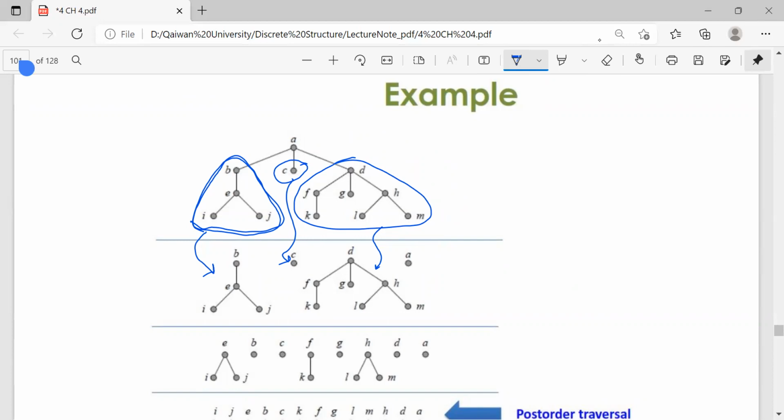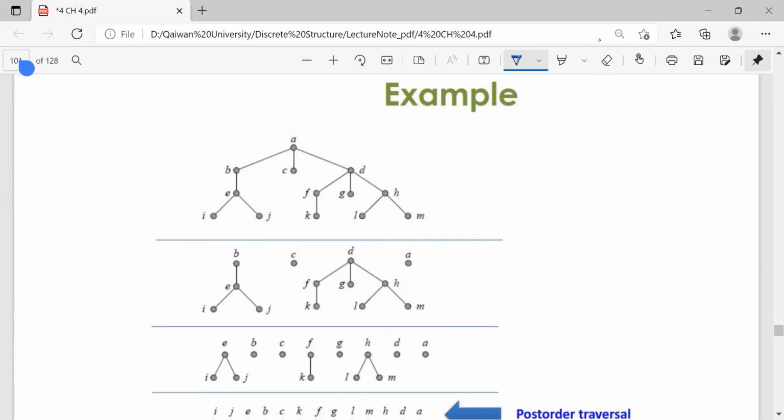We write it down in this order. First the left subtree, then the middle one, and then the right one. And finally, we write down the root, which is A here. These are the subtrees, and this is the root.